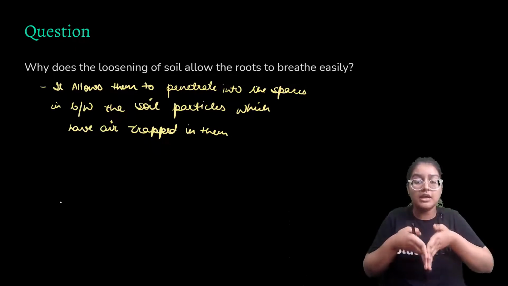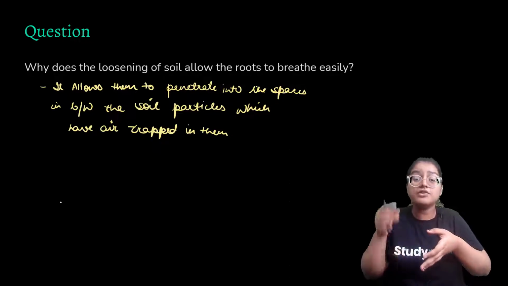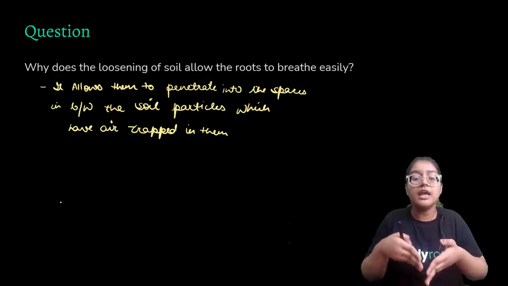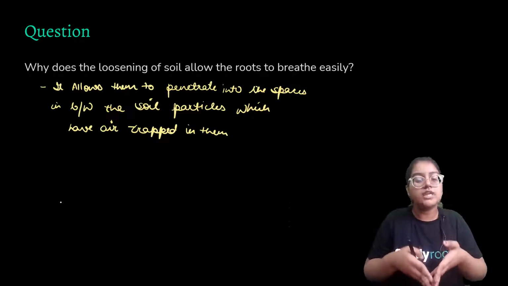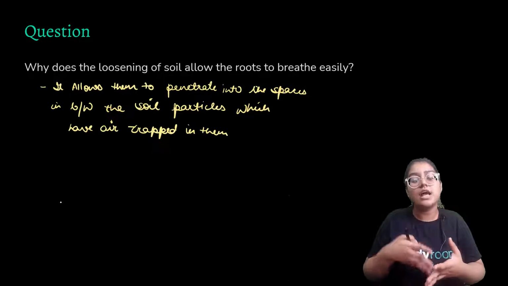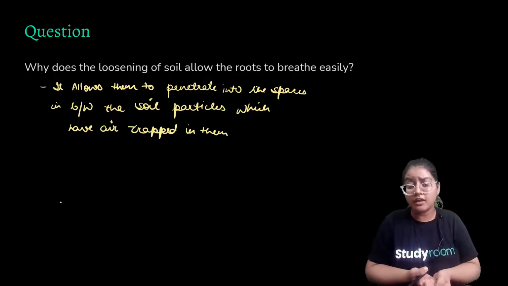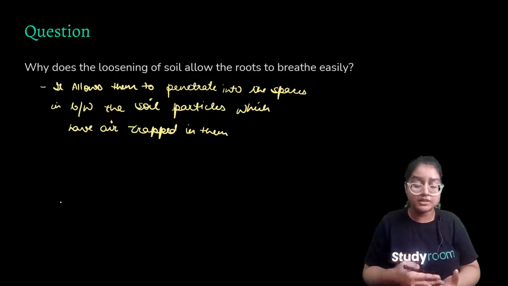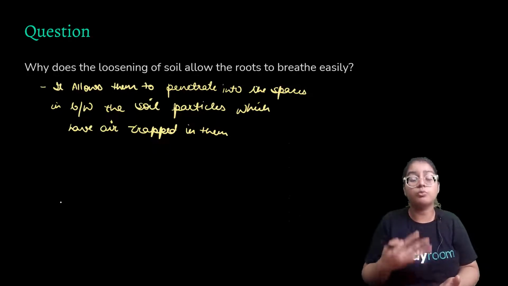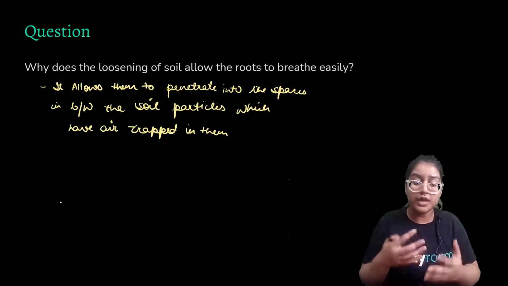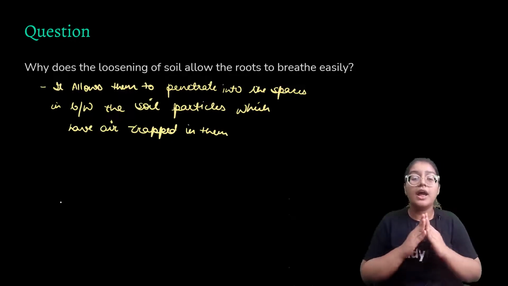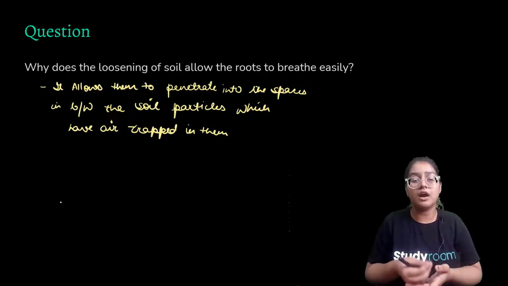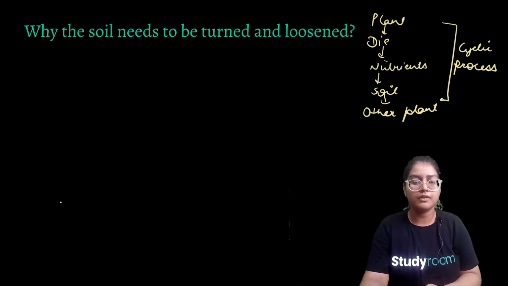What do plants have to do with the air? Plants have to breathe, and since they are breathing, they will produce more produce. So in order to ensure that the plant is breathing, we have to make our soil loose.